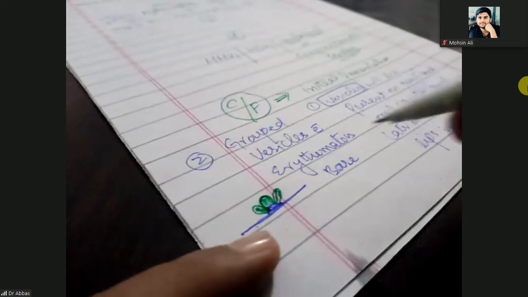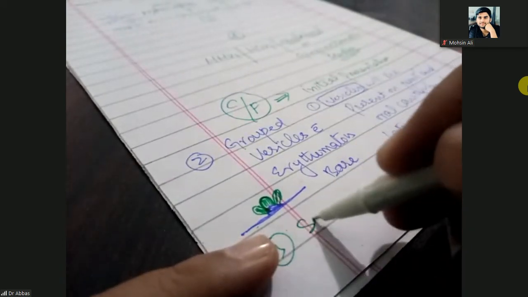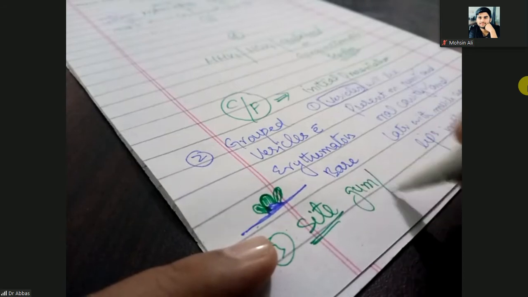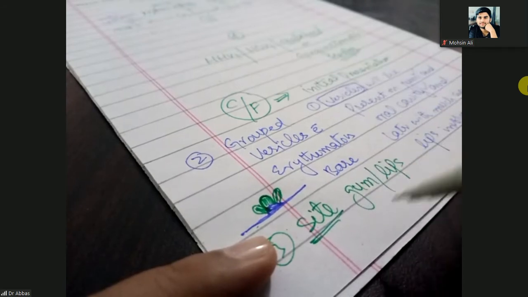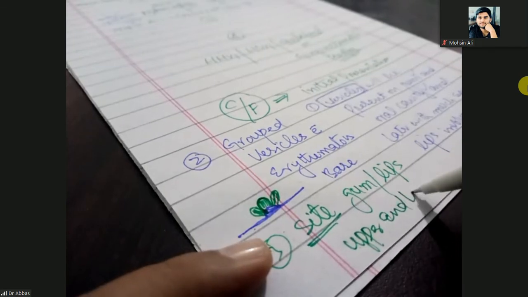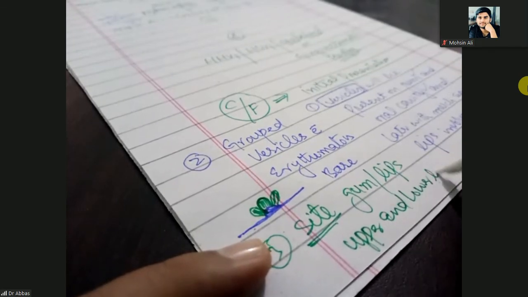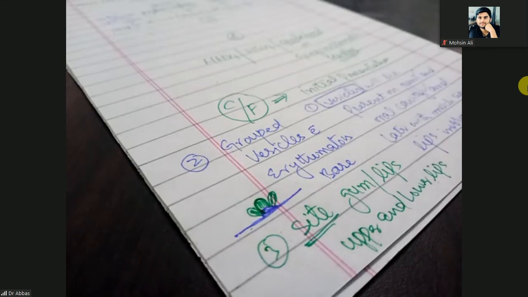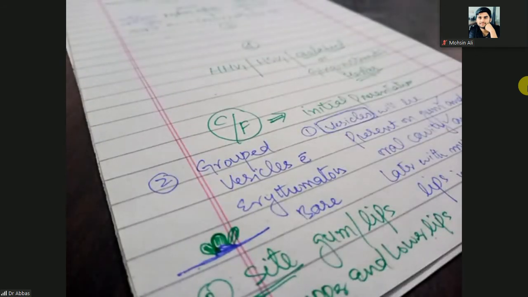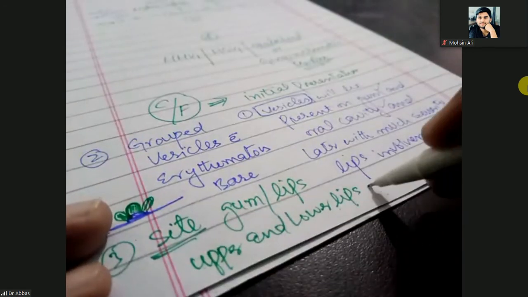Look at this, the grouped vesicles are present on the erythematous skin or erythematous base. Usually the site of presentation is the gum initially and the lips. These can be upper lips and lower lips, both can be involved. They will appear after the fever.